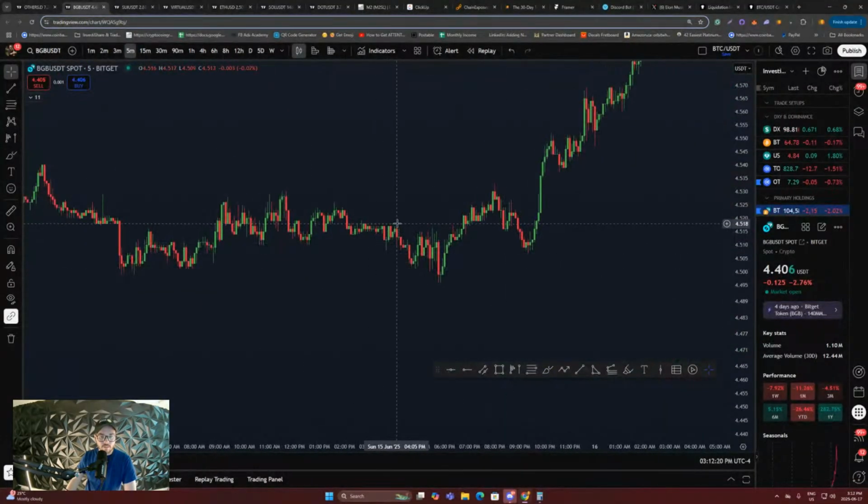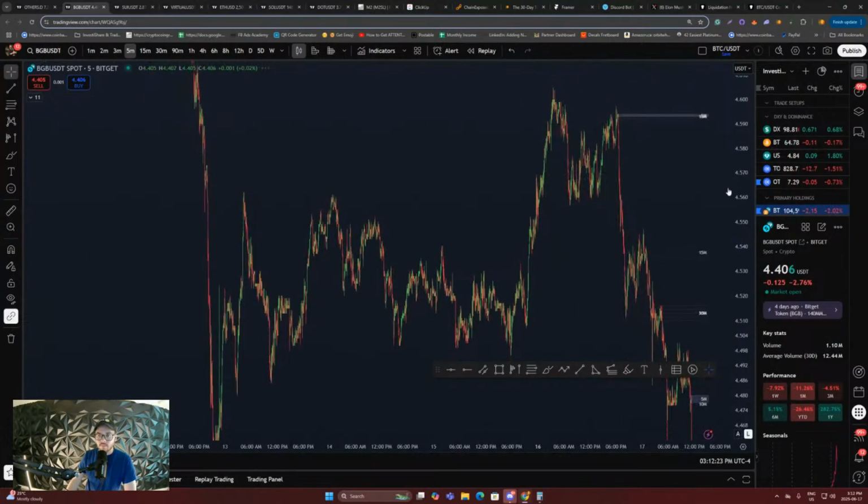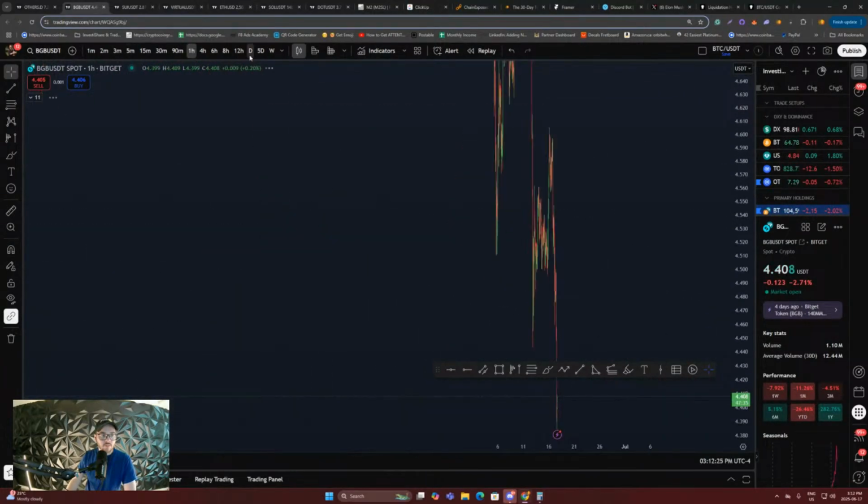Same here, sell wall. Let's zoom out on this. Let's go to the daily first.